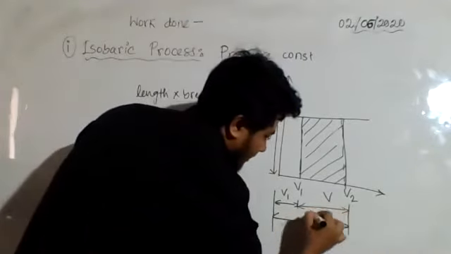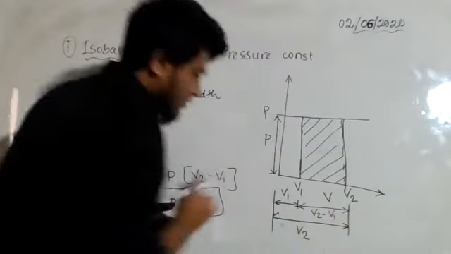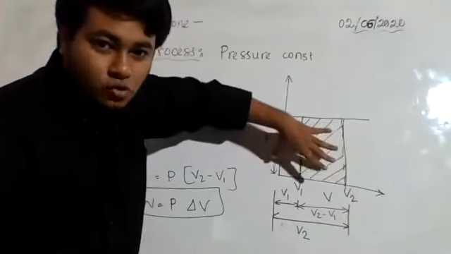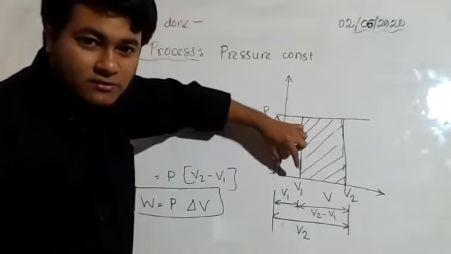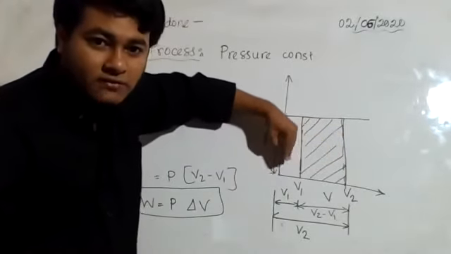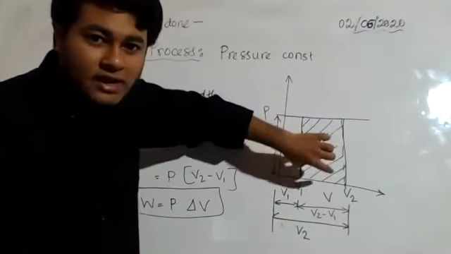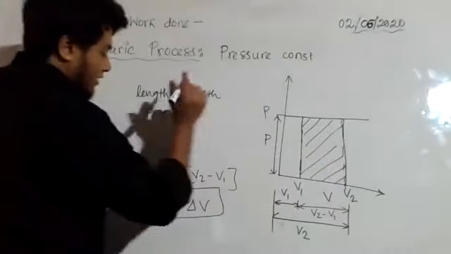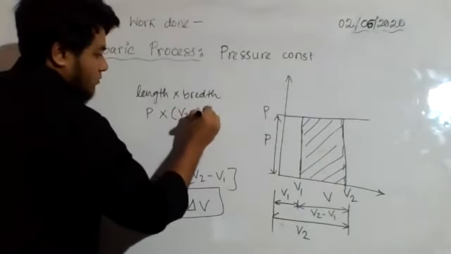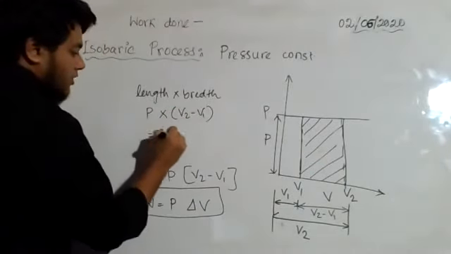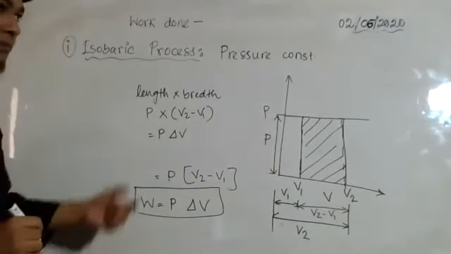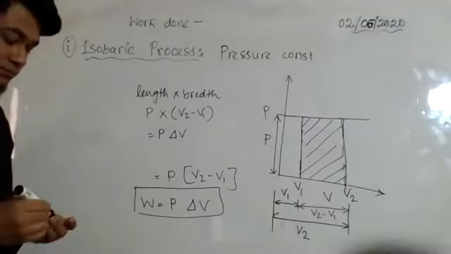Can I say that this is V2 minus V1? Definitely I can, right? The total is V2 and this is V1. So from V2, if I subtract this V1 part, then I will get this length, and that is what the breadth of the rectangle is. So V2 minus V1, so P into del V. Is it clear now?